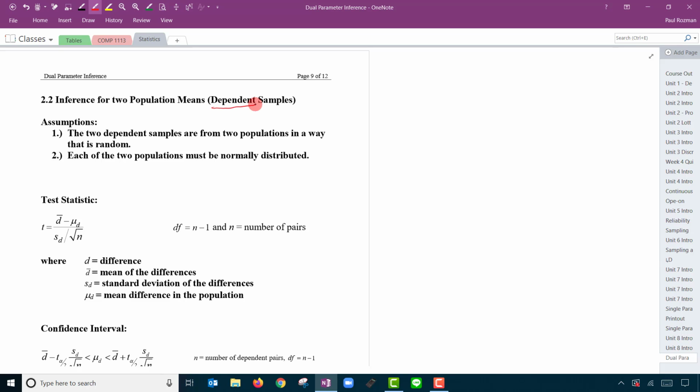Here we have a population of the people before they were on a diet and the population of people after they were on a diet, but the people were in both groups. So there's a dependence upon the test subjects. The samples aren't completely independent of one another.